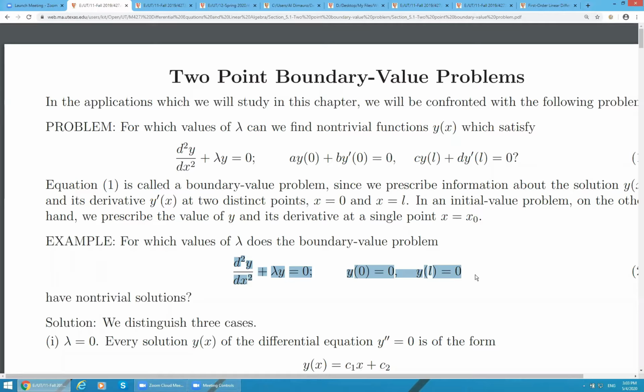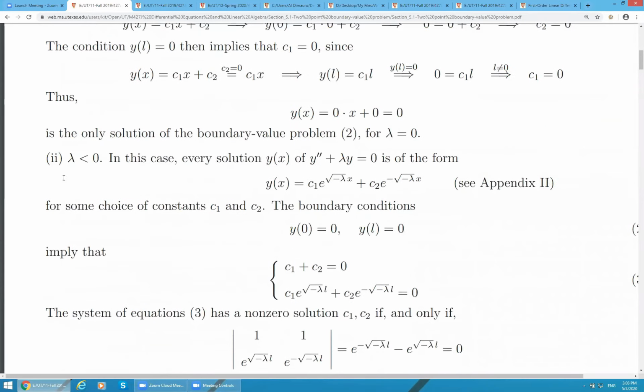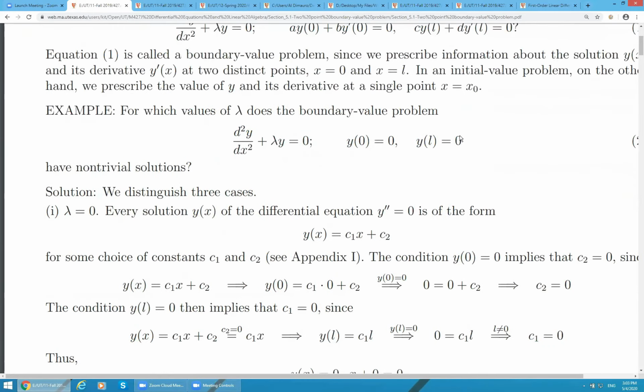Non-trivial means non-zero. Last time we discussed that if lambda is equal to 0, or if lambda is less than 0, the boundary value problem has only the trivial solution.